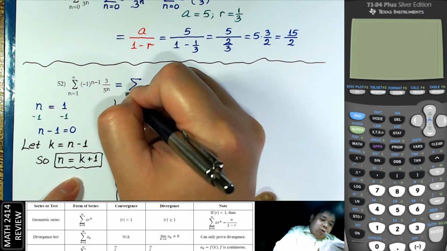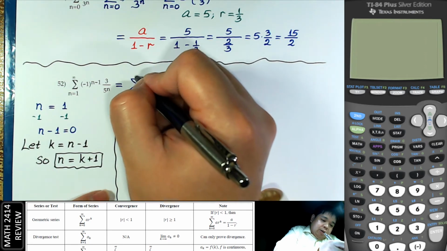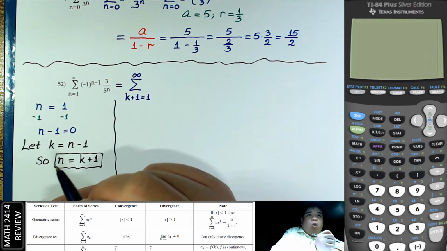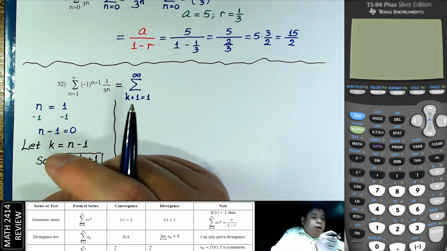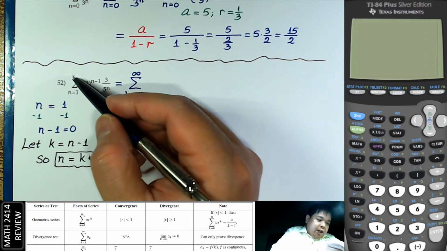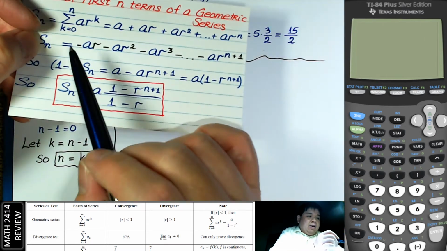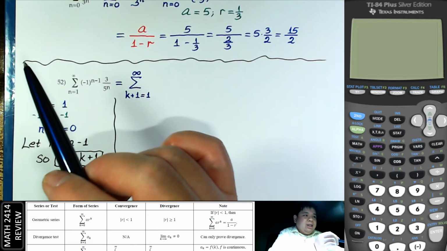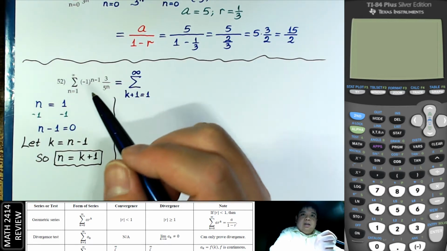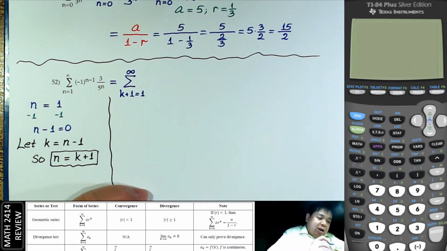We put k plus 1. By the way, this substitution only works for the infinite series. If it is finite, then the upper limit will need to change. So we don't have to worry about that if it goes to infinity.